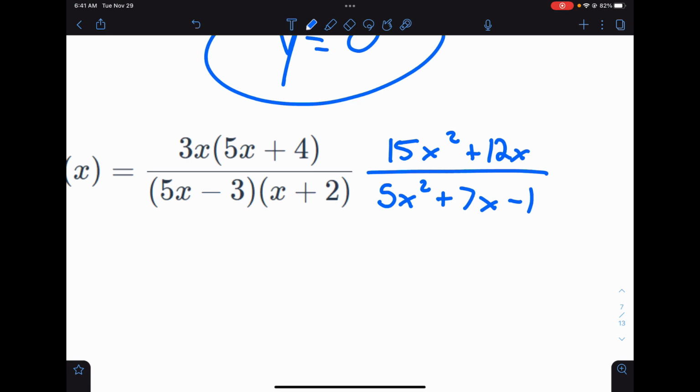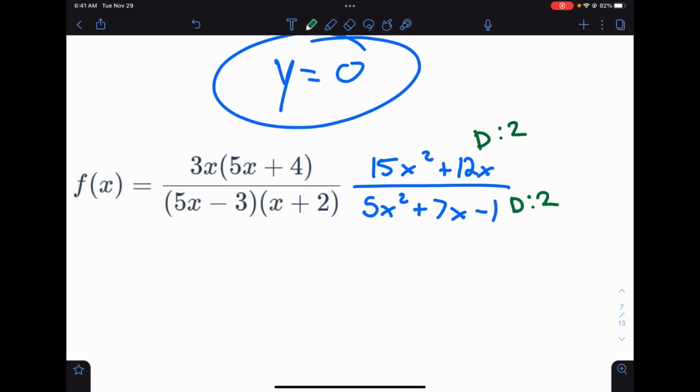All right, so then we've got to look at our degrees. The degree of our numerator is 2. The degree of our denominator is 2. So when they're equal, that's when we look at the leading coefficients. We've got 15 over 5. That means we're going to get y equals 3.